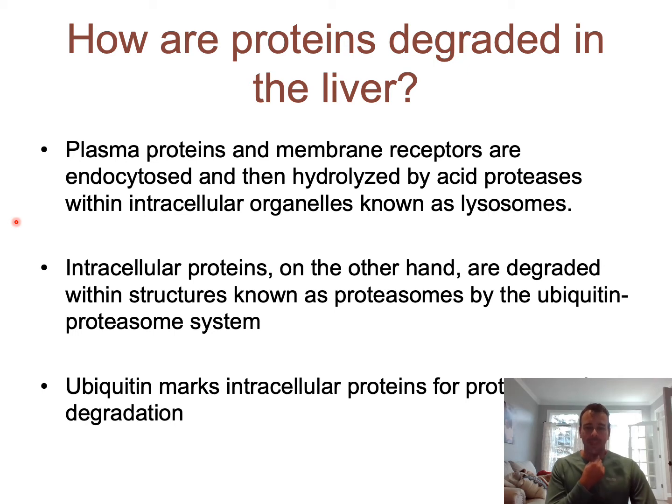In contrast to plasma proteins, intracellular proteins are degraded within the proteasome, which I have talked about in some of my previous lectures. And I've also talked about ubiquitin marking intracellular proteins for proteasomal degradation. So there's a slight difference in the way intracellular proteins and plasma proteins are degraded.